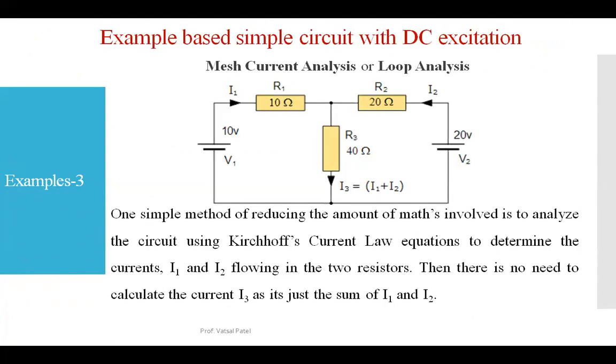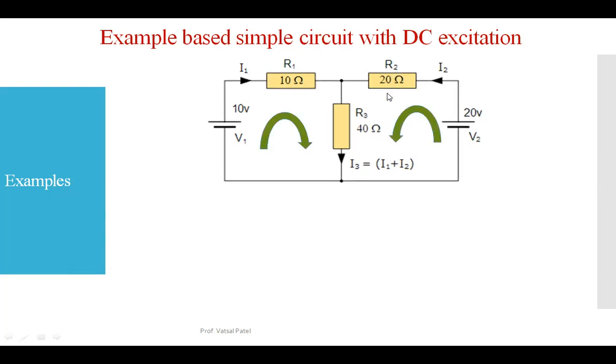So this example we discussed, yes or no? Did we explain this example in the last session? Can you please tell me? Okay. So in this example, we apply two meshes, right?